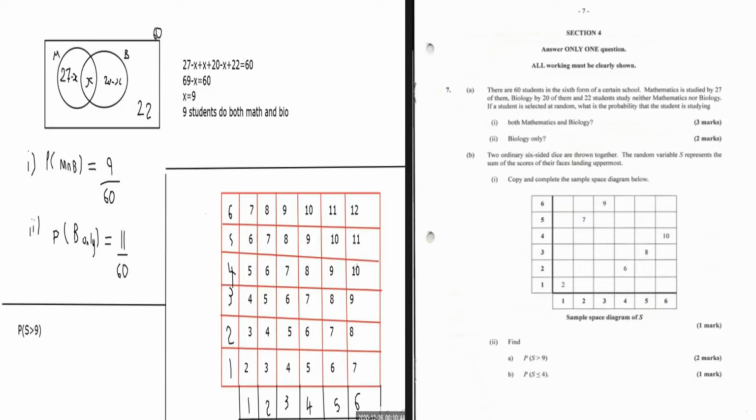So greater than 9 is 1, 2, 3, 4, 5, 6. Greater means bigger than 9. These are all of them. That's equal to 6 out of 36. 6 out of 36 is 1 over 6.